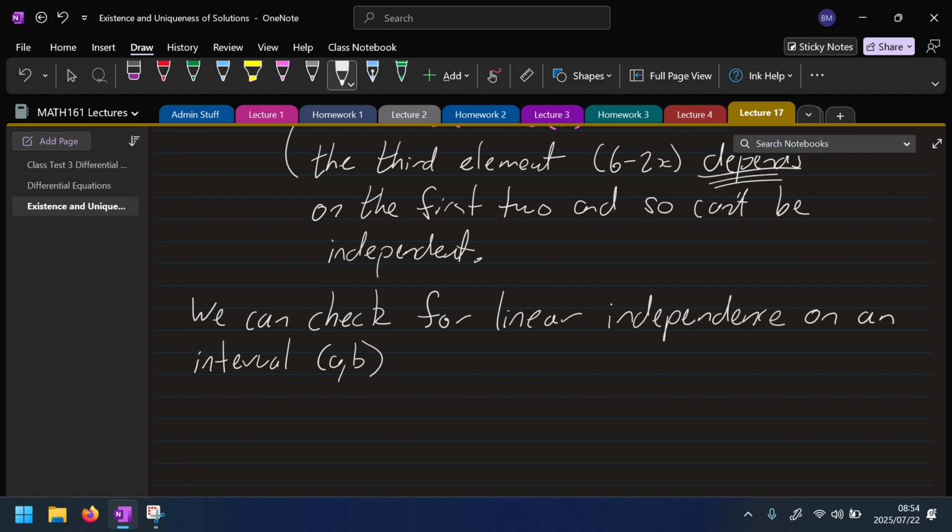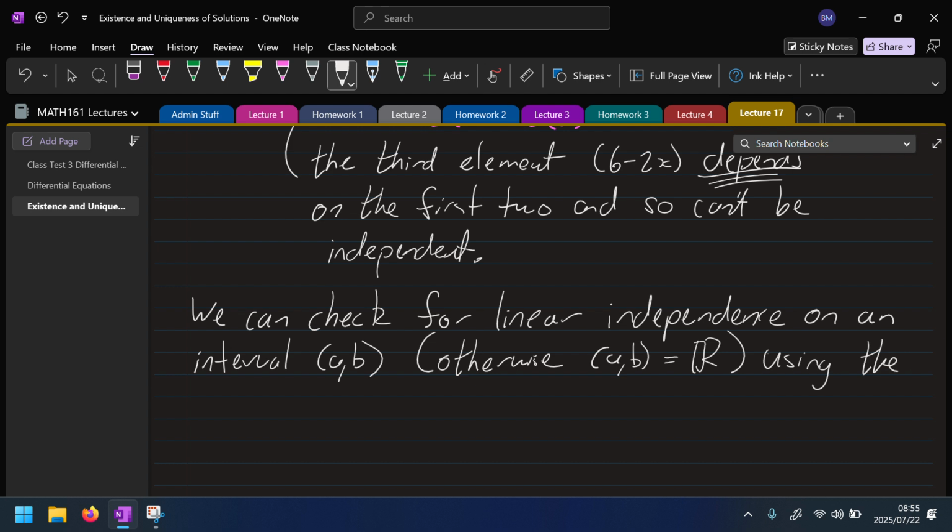If the interval is not given, we just assume the interval is the whole real line. Otherwise there will be some interval that's provided. So AB is just the real number line if it is not given.